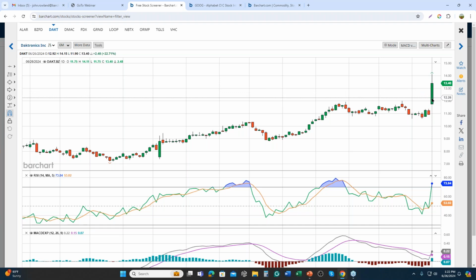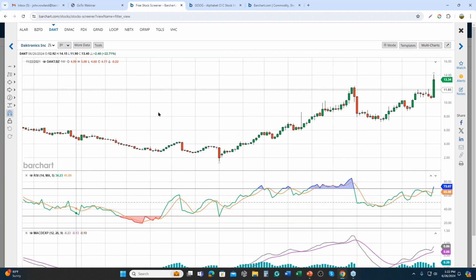Now, what I like to see is not only the gap up today, but then the follow through. And that's really the importance for us. So this might be a stock that I've identified, and now maybe I'm going to watch it over the next few days. What I want to start to see is some type of follow through. And then, where is this in relationship to historical data? So there's a 3-year chart.